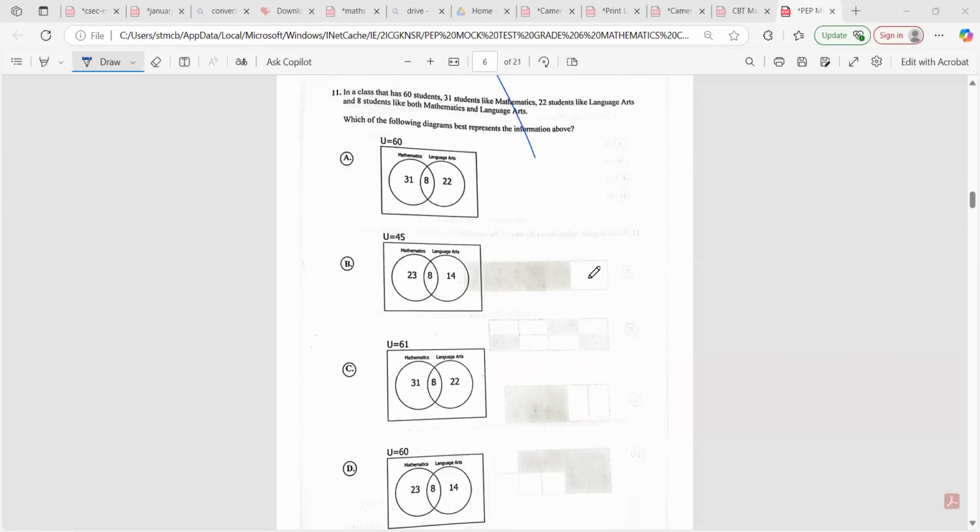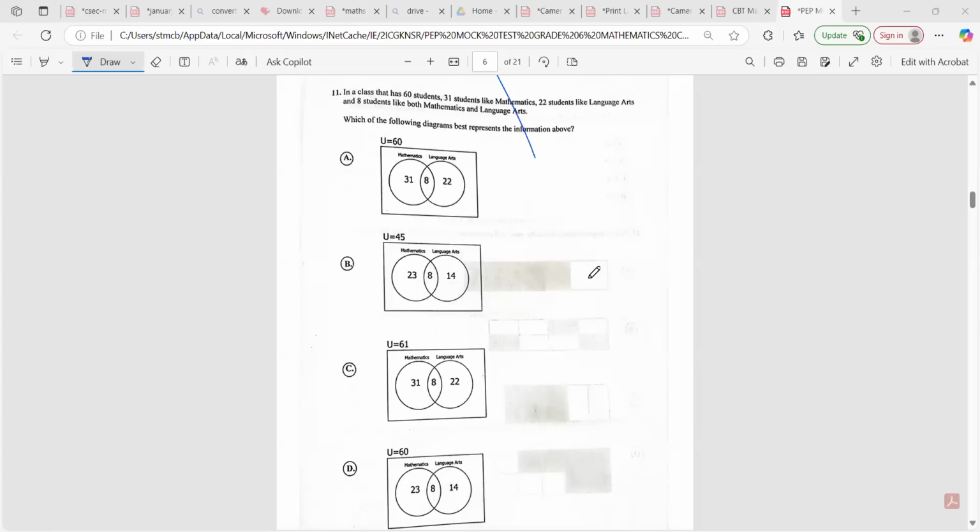My answer is A because it has 31 for mathematics and 22 for language arts, and 8 students like both mathematics and language arts. So the 8 would be in the middle, connecting mathematics and language arts. And in a class that has 60 students, the U represents 60. So that's why I pick A.